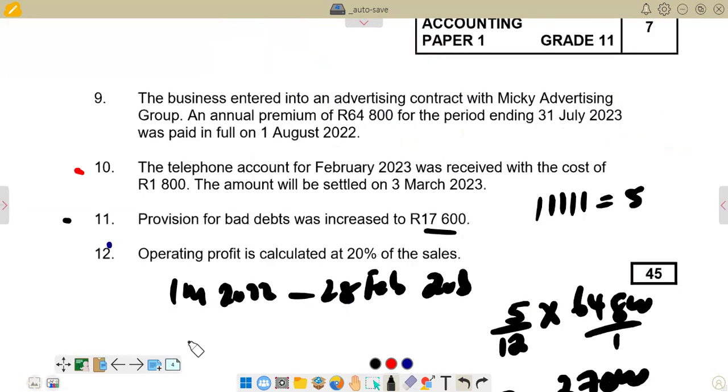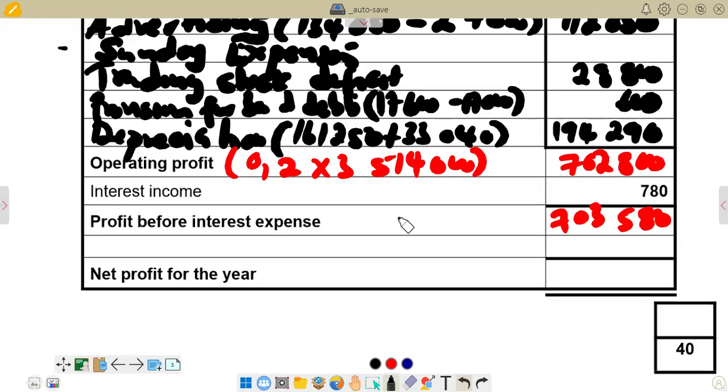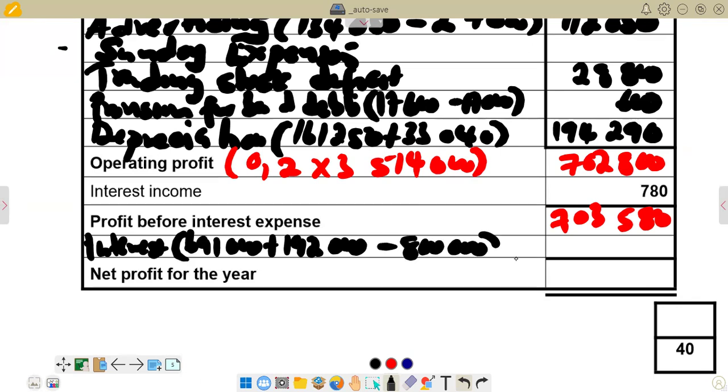So we come here, profit before interest expense, and then we've got interest expense. We can just summarize that working, whereby we are saying 691,000 add 192,000, subtract 800,000, then we get 83,000.